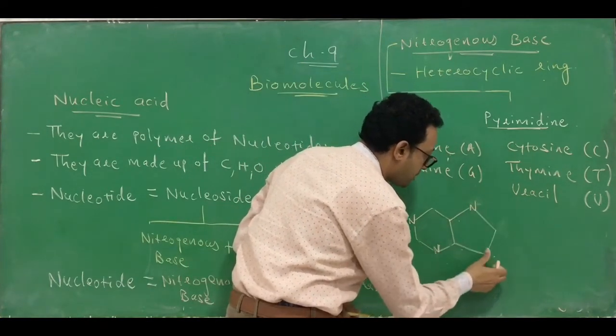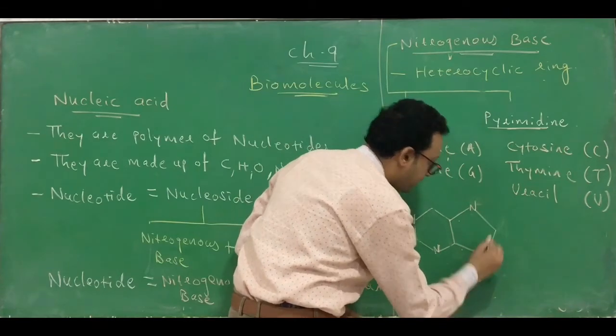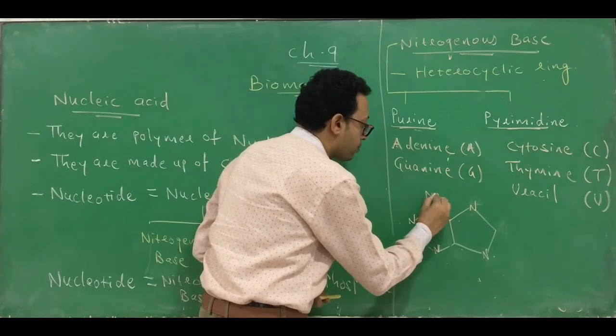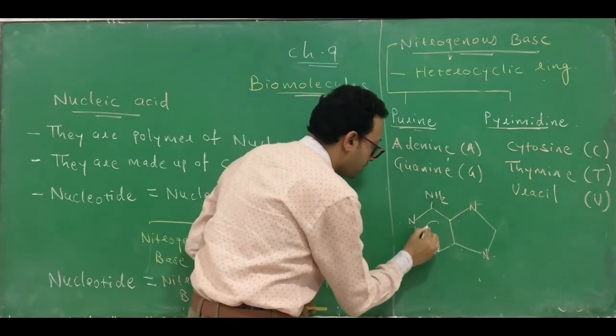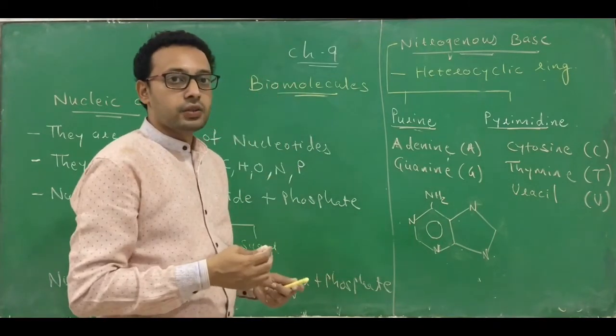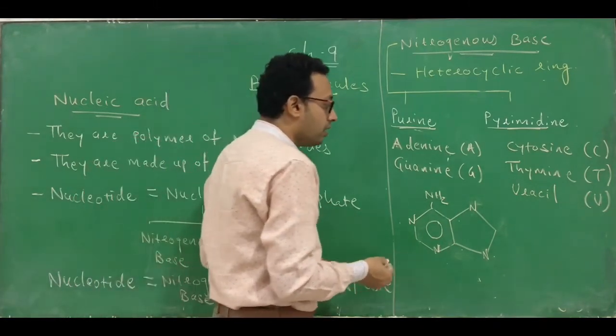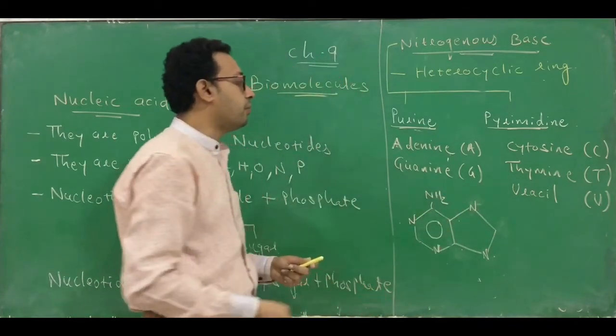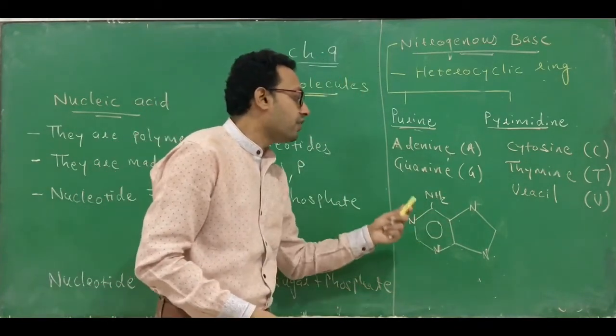Here the nitrogen is present, here also there is a nitrogen. Here it's an NH2. To complete the valency, I am drawing the double bonds. So they are present here. Similarly, there is also a double bond over here. So this is the structure of adenine.